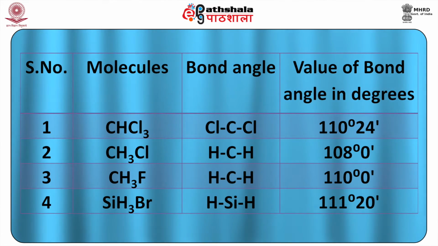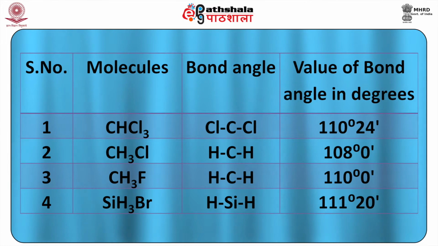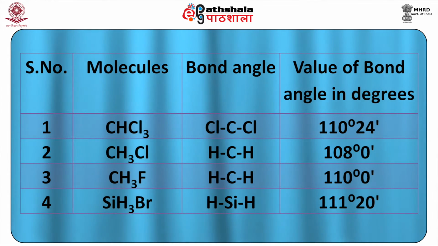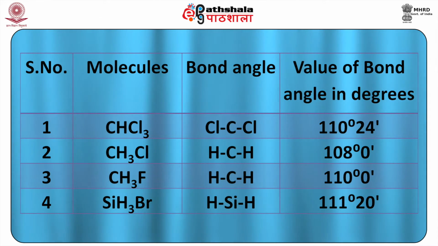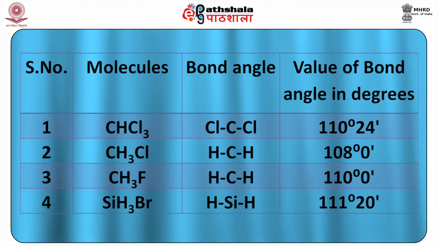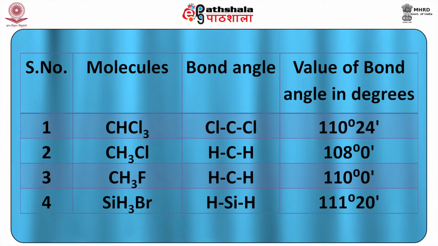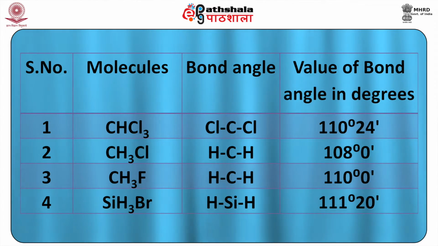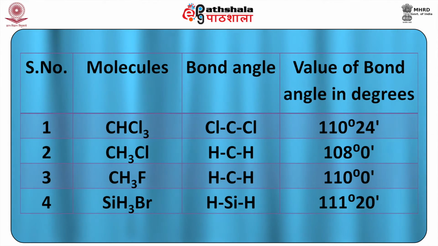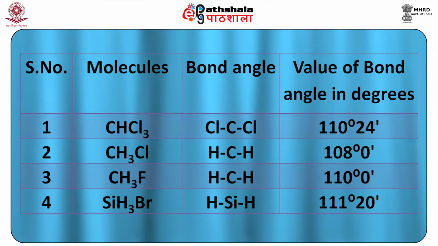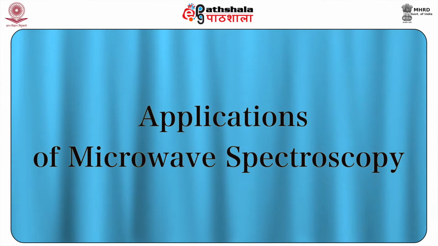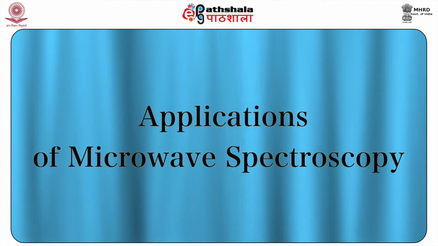The bond angle between Cl, C and Cl is 110 degrees and 24 minutes. Similarly, for CH3Cl, the bond angle of HCH is 108 degrees, and for CH3F, the angle is 110 degrees. Now, we shall see the applications of microwave spectroscopy.